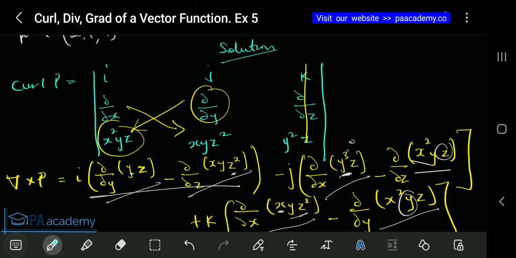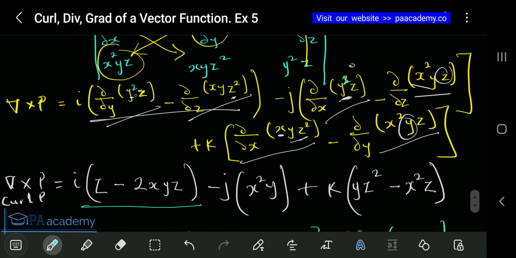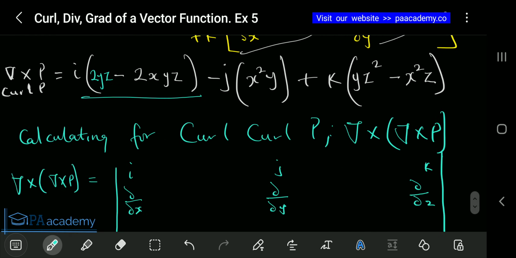That means here is going to be y square, and this is also y square. So if this is y square and we are to differentiate this, it won't be ordinary z. So this will be 2yz. Okay, so that's the only correction there.